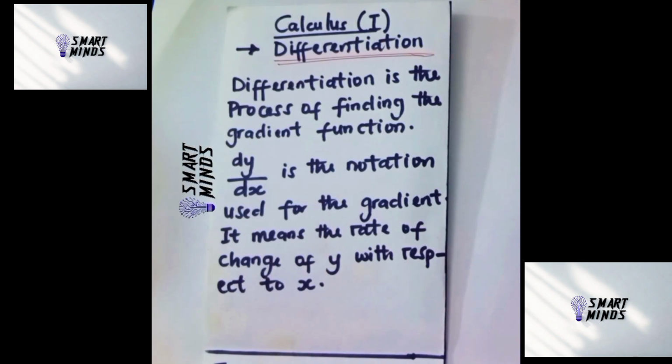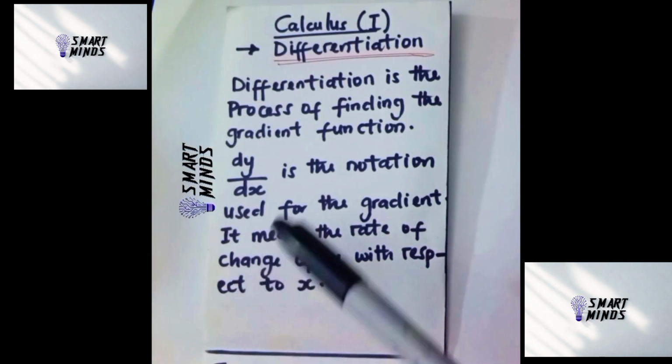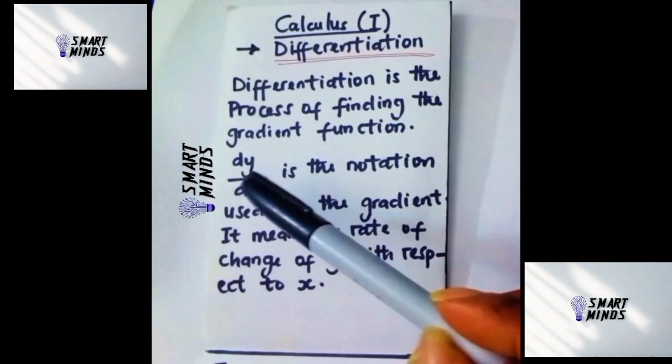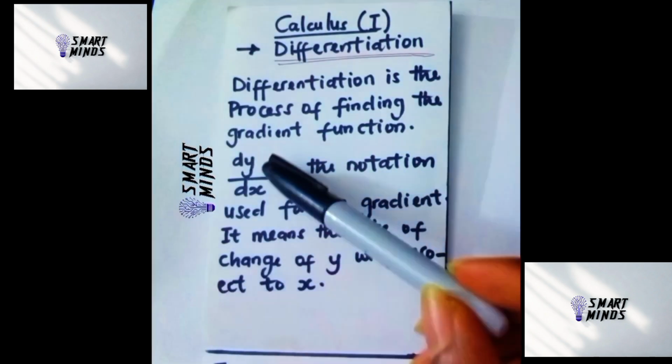What is differentiation? Differentiation is the process of finding the gradient function of an expression. Whenever you have an expression in x, we can actually differentiate the expression. The symbol for representing the gradient function of that expression is dy by dx, popularly called dy dx.